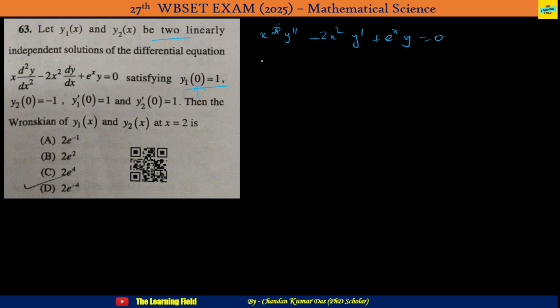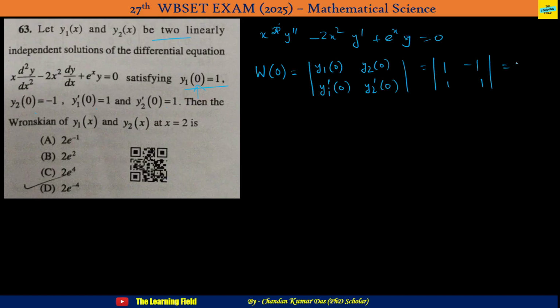That means you have the Wronskian at 0, which is the determinant of y1(0), y2(0), y1 dash(0) and y2 dash(0), and the values are 1, minus 1, 1, 1, and the determinant is clearly 1 plus 1, which is 2.